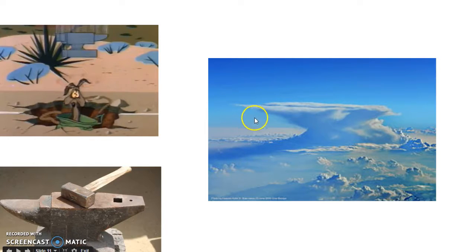So we can actually tell the wind direction. Just by looking at this cloud, we can tell that the wind is blowing to the left. I don't know what direction that is compass-wise, but I can tell by the picture that the wind must have been blowing from right to left in this case, blowing over the top of the cloud, creating a shape similar to the anvil over here. And that's why they're often called anvil-shaped clouds. And these are our severe thunderstorm clouds.